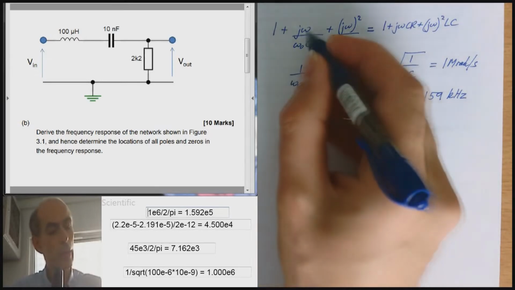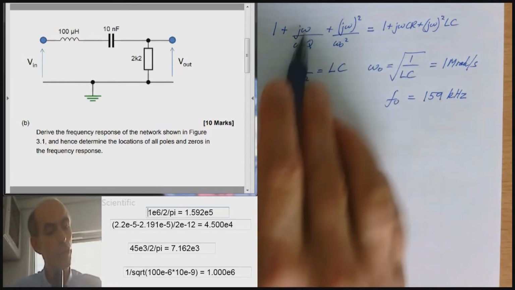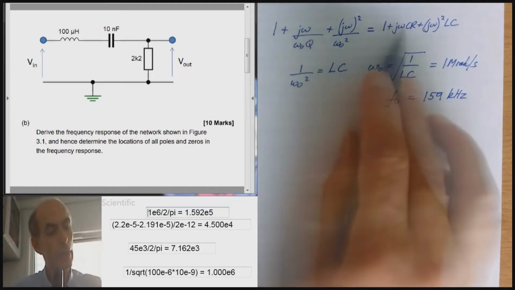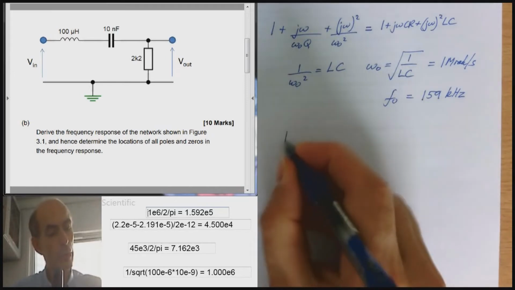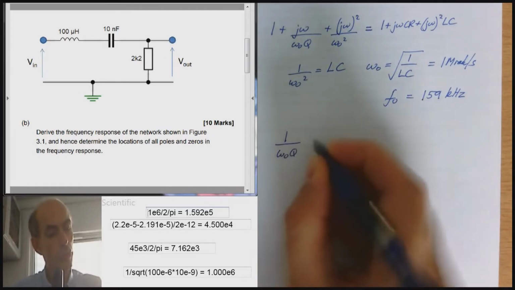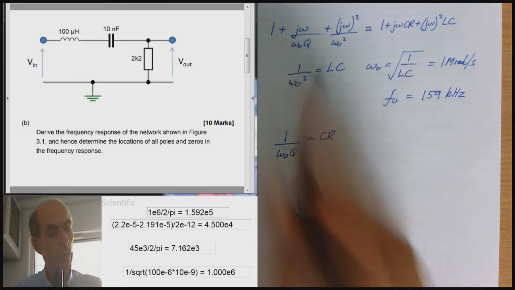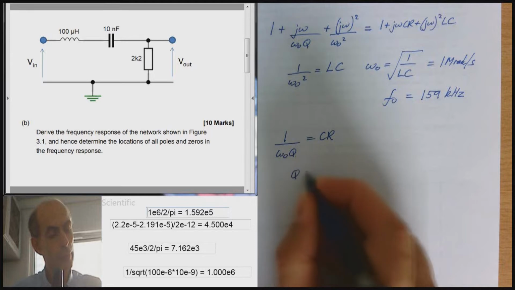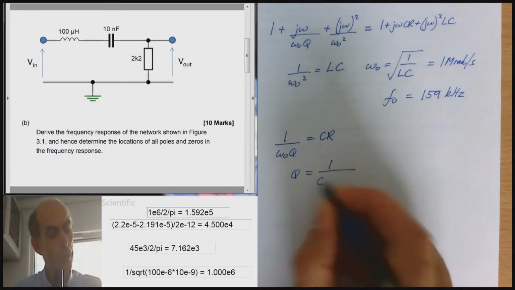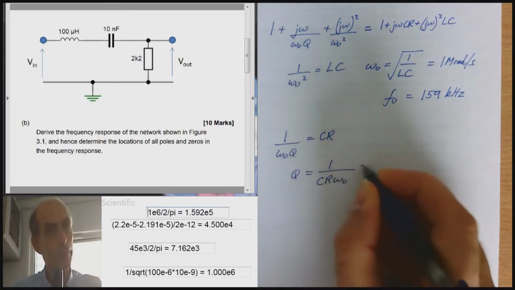Q, equating the coefficients of j omega here, we can see that 1 over omega naught times Q is just CR, and therefore Q equals 1 over CR omega naught.